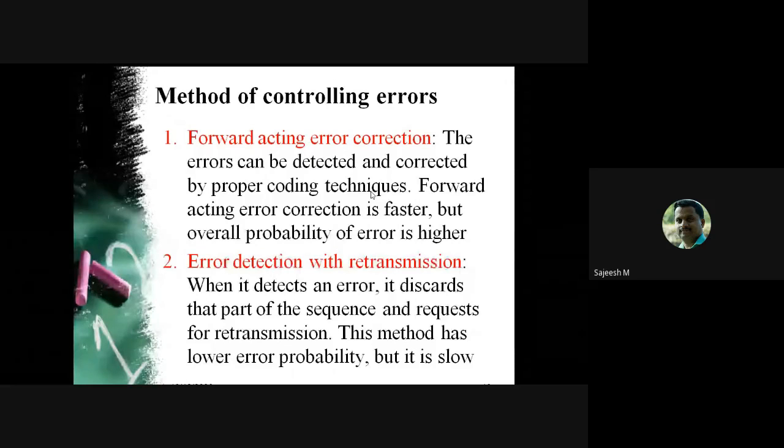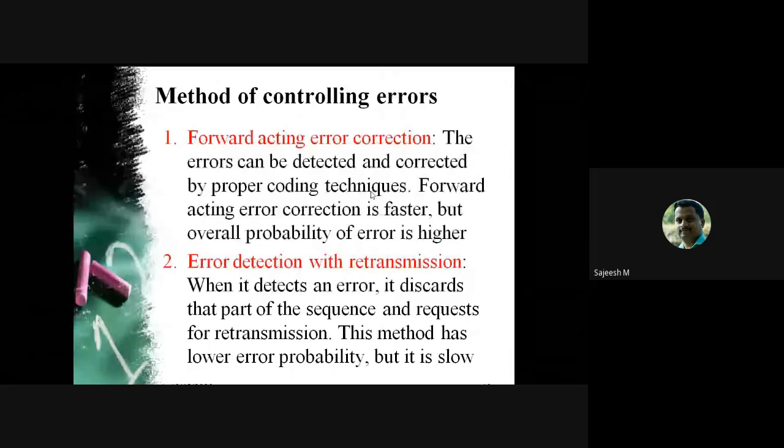This method is faster compared to the other one, but overall probability of error is higher. There is a chance of probability of error.